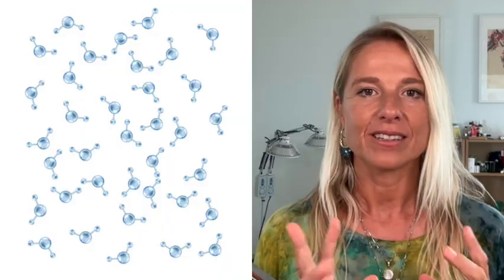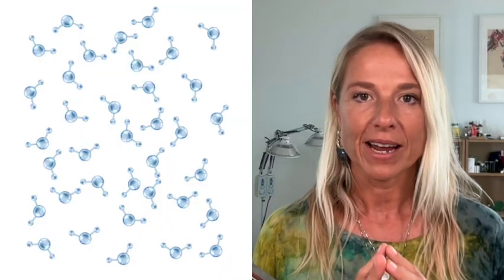So you might have heard me talk or heard other people talk about structured water, and structured water is basically a more organized form of water. So if we think about water and what it might look like under a microscope, we imagine lots of molecules just floating around randomly.